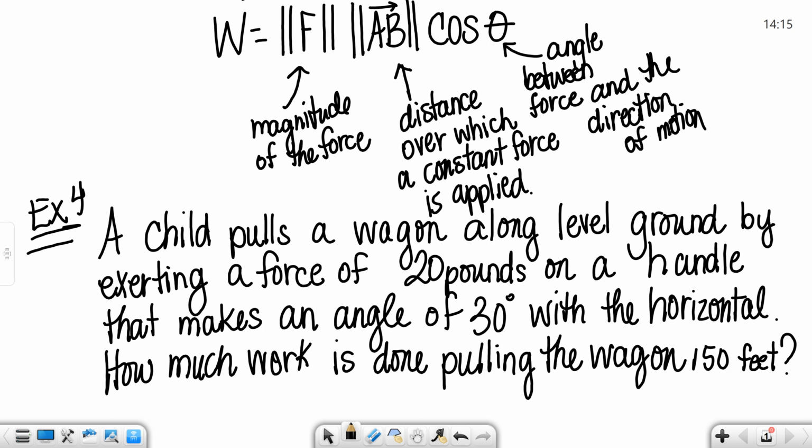So we're going to use that formula that's right above. Now I'm going to have to move the screen up. So you should have that formula beside you.